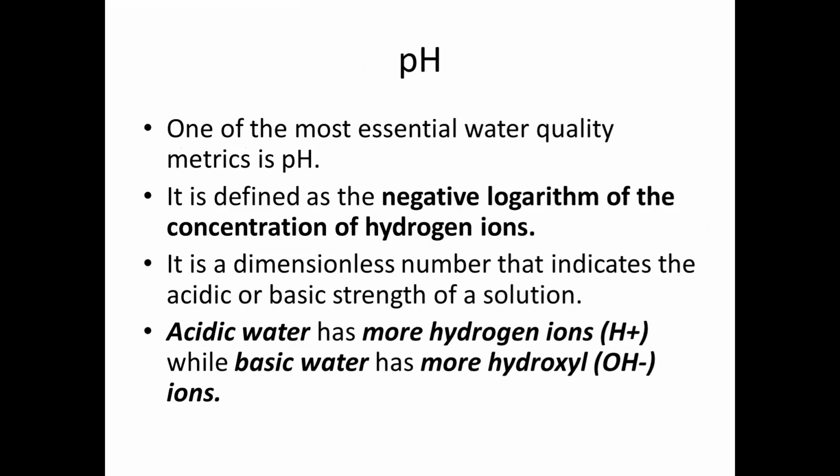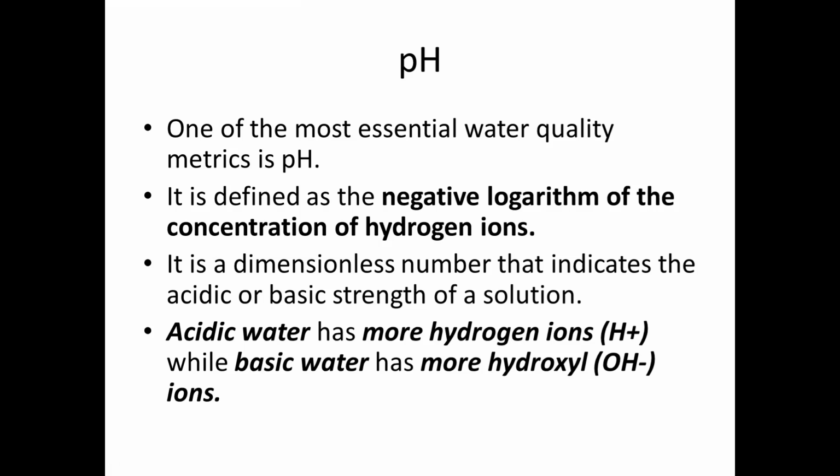We will not be solving any problems related to pH, but we all know that when the water is acidic, it has more hydrogen ions, causing corrosion. And when our water is basic, it has more hydroxyl ions. We also know from our discussion last time that hydroxyl, OH, or hydroxides could also cause scaling. So when we have acidic water, we have corrosion.